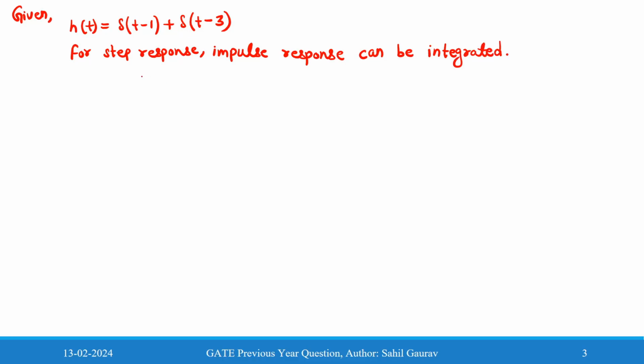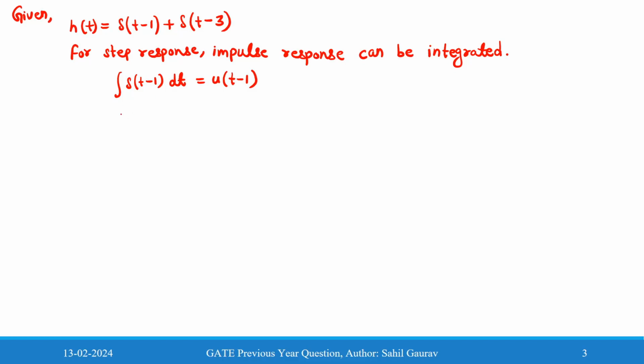So for this function delta(t minus 1), if you do the integration of delta(t minus 1) dt, then it will give you unit step function.